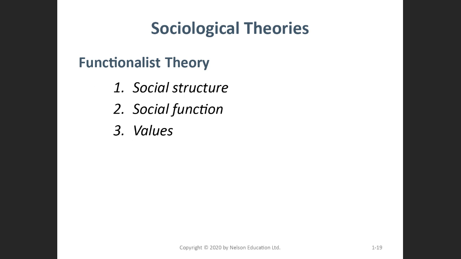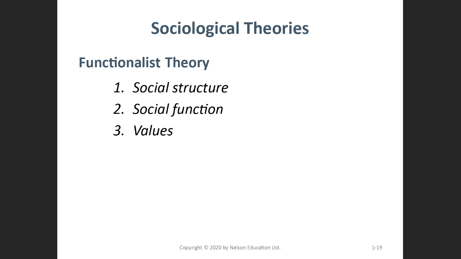So functionalist theory, which on a certain understanding of the history and development of sociology, is the oldest and the most widely established approach to theorizing in sociology. It focuses its attention on the interplay between social structure and social function.